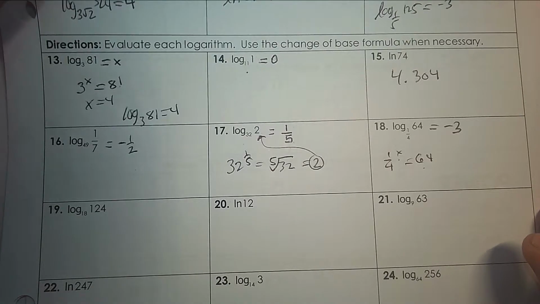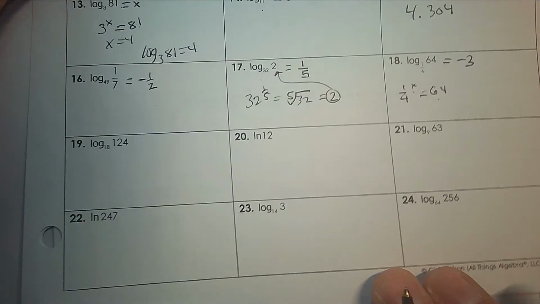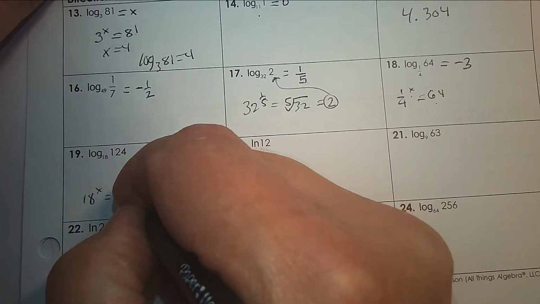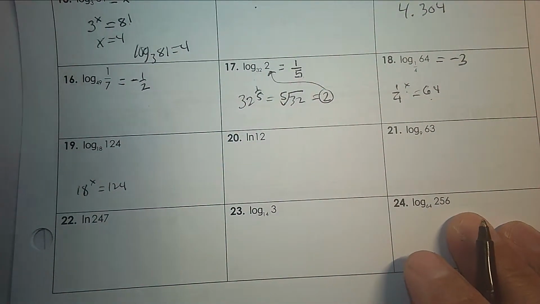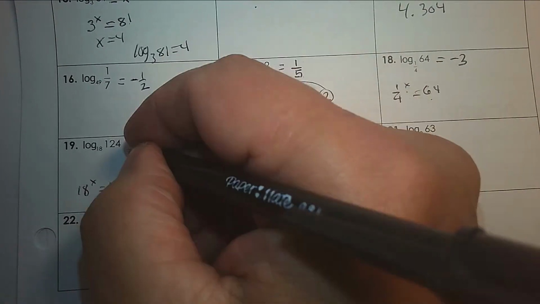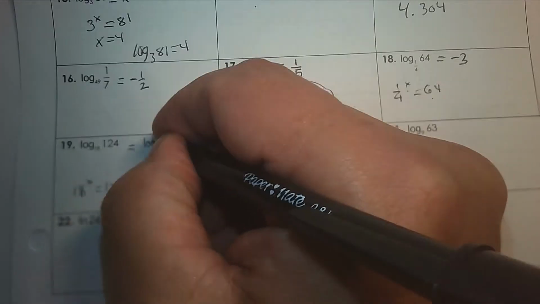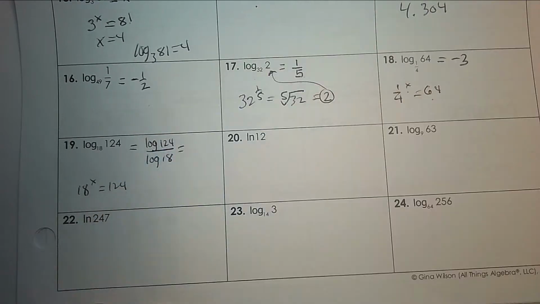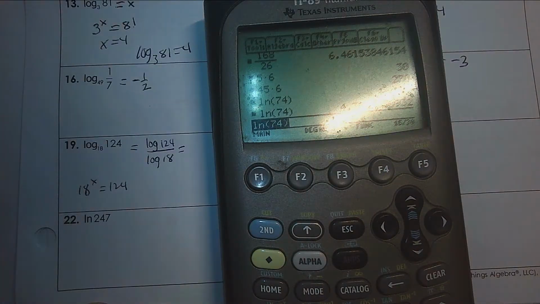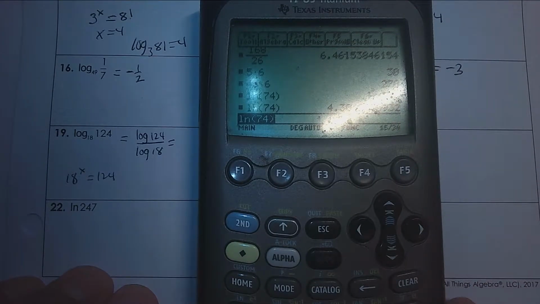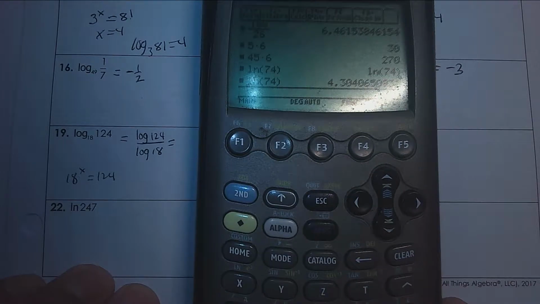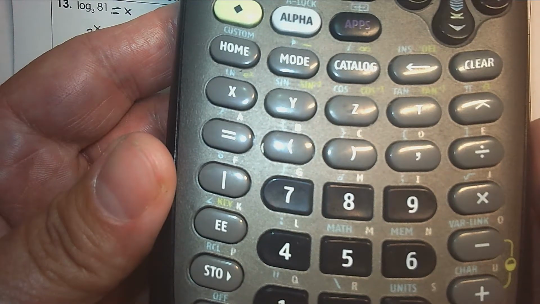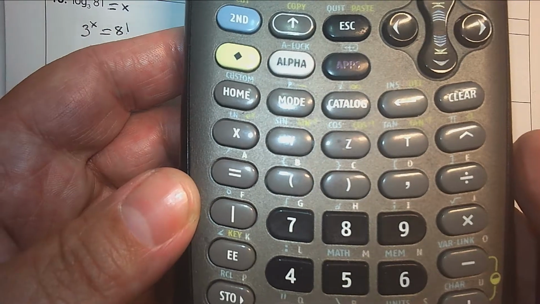Here is a good example where 18 to what exponent would equal 124, and there's no common bases. It's an irrational number. So the change of base formula says you take the log of the answer part and divide it by the log of the base, and you can evaluate it that way. Now note that when you look here, there's actually no LOG button here.